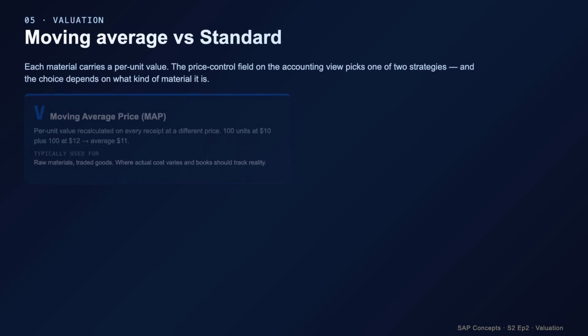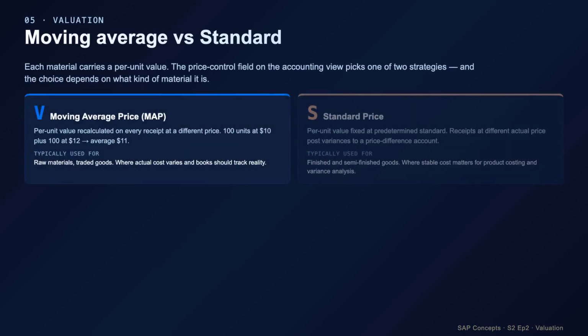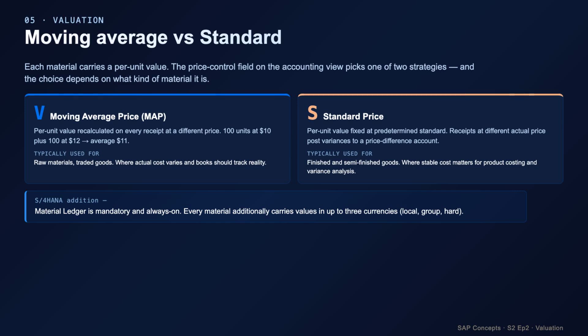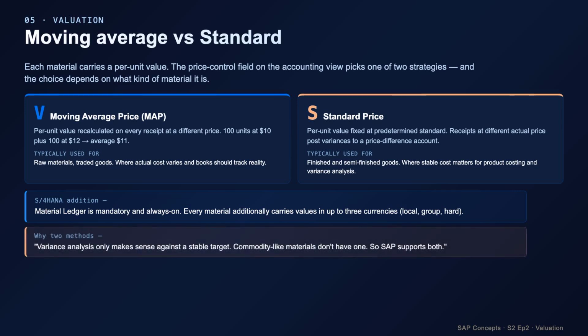Each material carries a per unit value. The price control field picks one of two strategies. Moving average price, MAP. The value recalculates on every receipt at a different price. Used for raw materials and traded goods, where actual cost varies and the books should track reality.